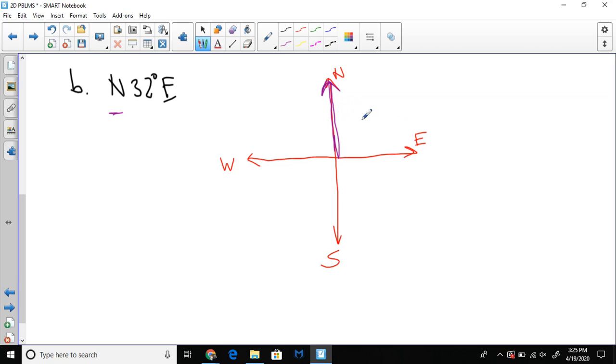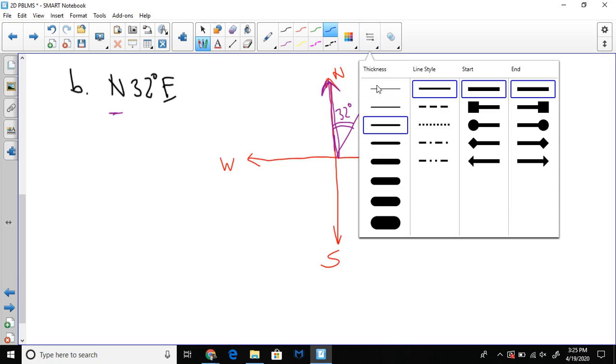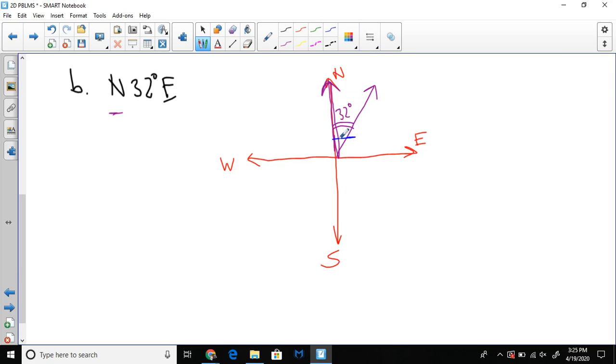Which way is east? East is this direction. So this chunk here is 32 degrees. And again, we know this whole thing is a 90-degree angle, so this angle is just going to be 90 minus 32.